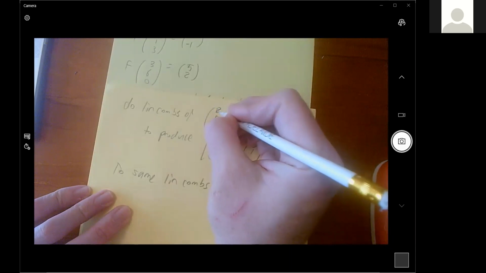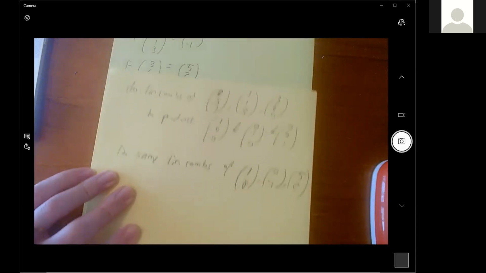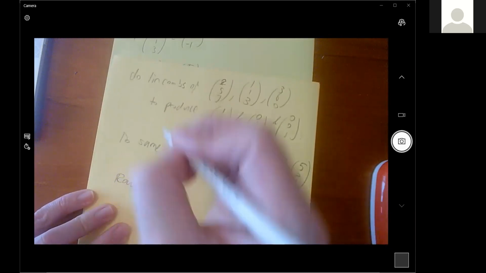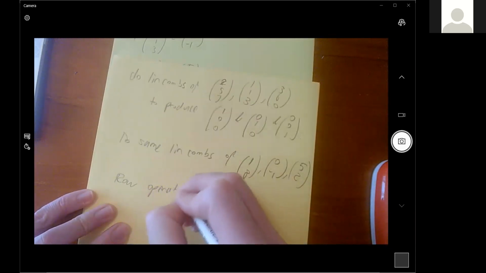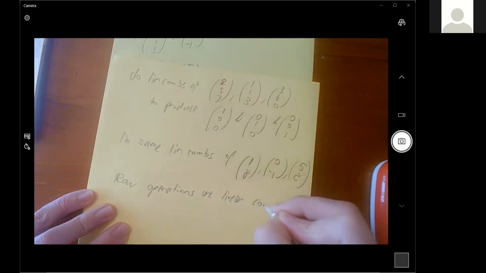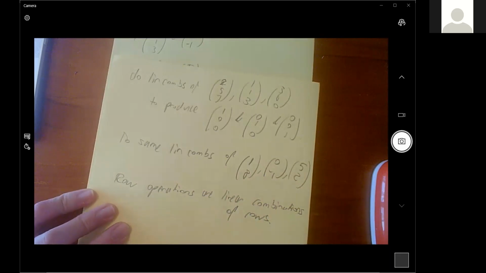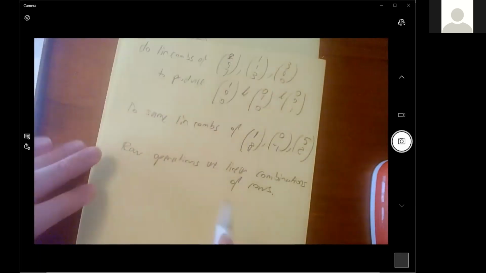Okay, and I know that row operations are the same as doing linear combinations. You know, adding two rows together, that's a linear combination. Multiplying a row by something, that's a linear combination. Swapping rows, that doesn't even count. And so I could do this.